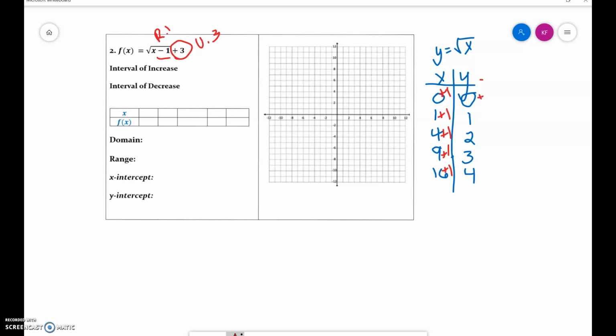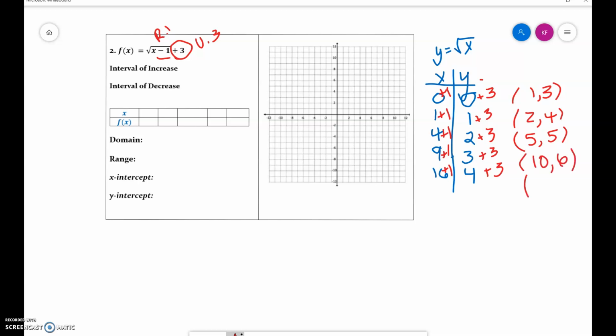And so I will add 3 to all of these y points, and I will end up with some nice whole number ordered pairs of (1, 3), (2, 4), (5, 5). This is just by adding the values in blue and in red. This is (10, 6). And the last one would be (17, 7).